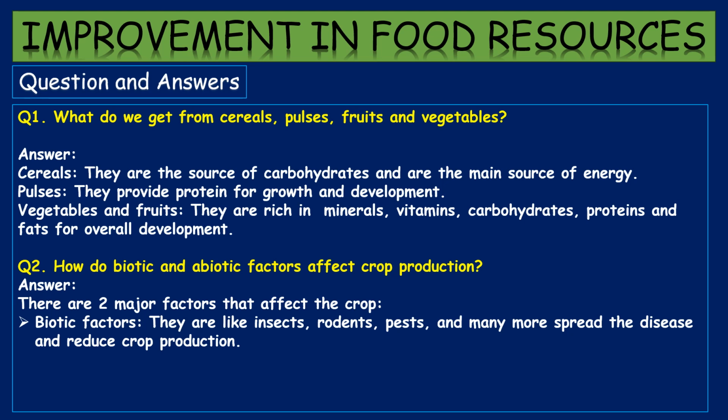These insects, rodents, pests and others attack a crop and consume nutrients from the crop and they spread different kinds of diseases and as a result crop production will be reduced. These are the biotic factors that affect crop production.